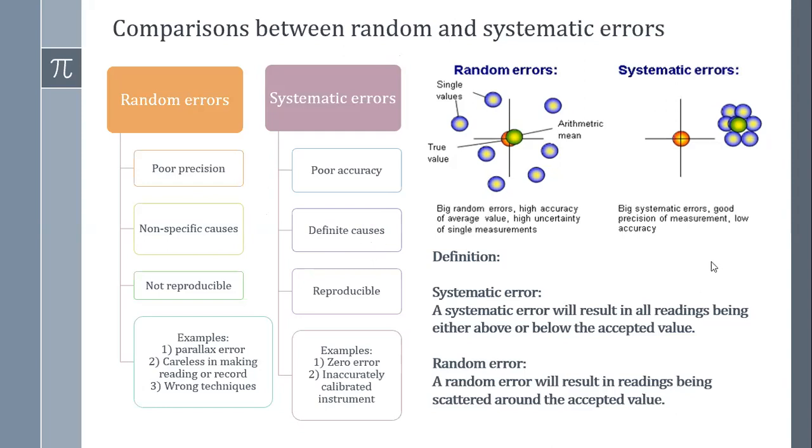It's reproducible, meaning every time you take a reading, it appears. Please remember these two facts about random error and systematic error. Systematic error is totally deviated from the actual value.